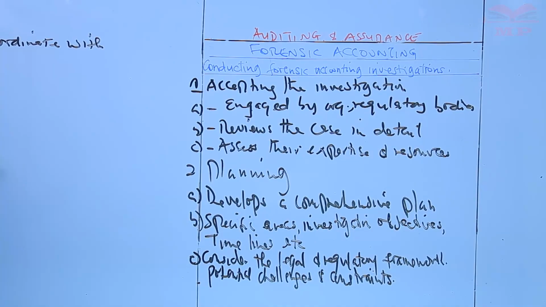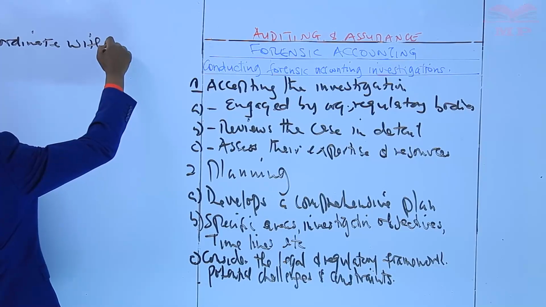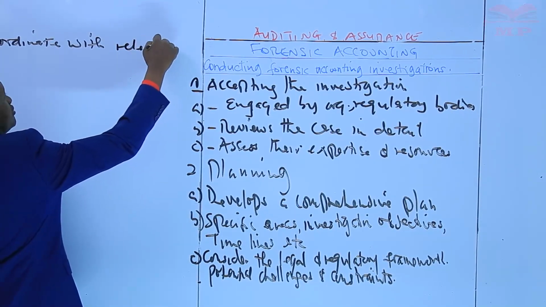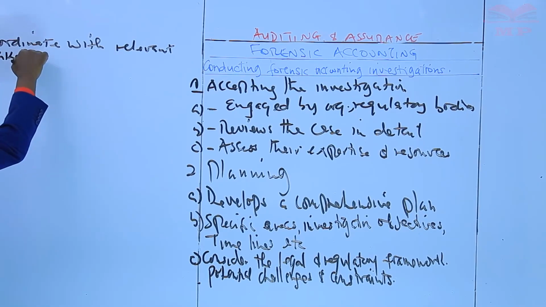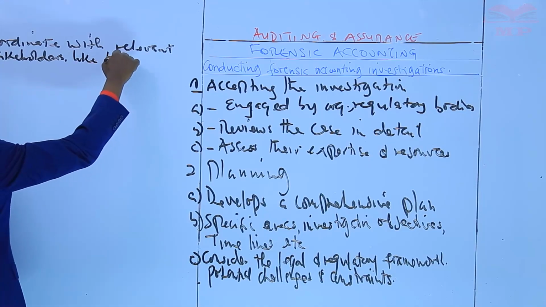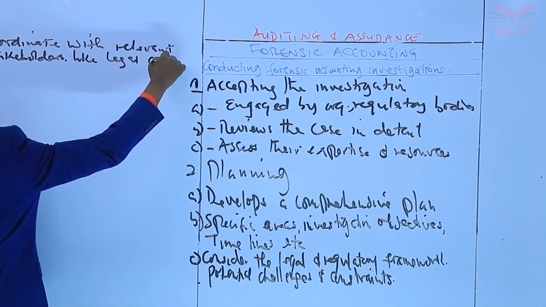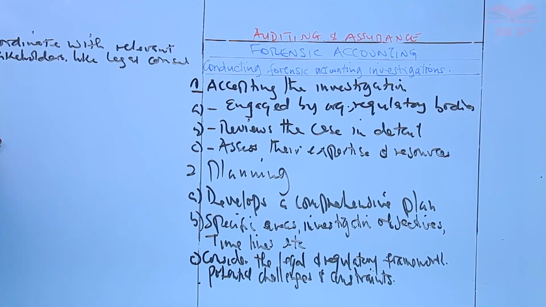They should coordinate with relevant stakeholders like legal counsel and the internal audit teams, to ensure alignment and cooperation throughout the process.